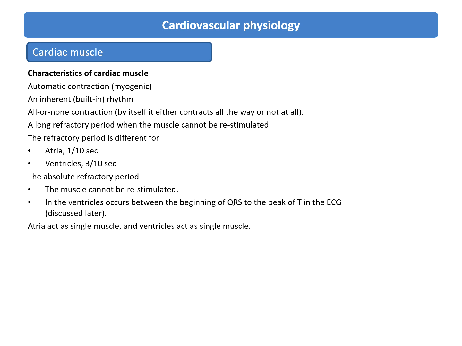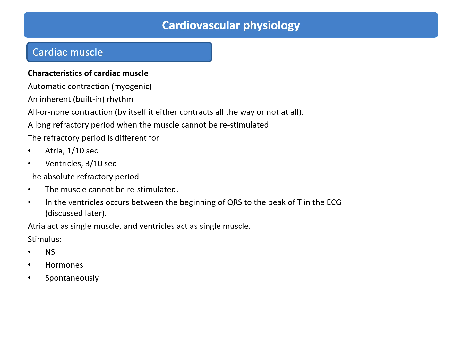The atria act as a single muscle, and the ventricles act as a single muscle. So when the fibers of the atria or ventricles contract, they all contract as a unit. The stimulus for contraction of cardiac muscle may be the nervous system. It may be the endocrine system by way of hormones. Or contraction may be spontaneous.